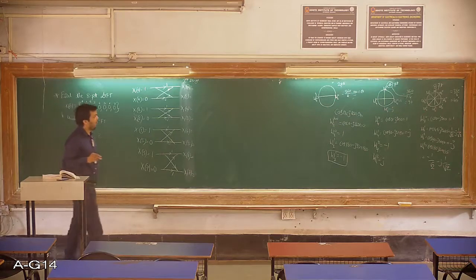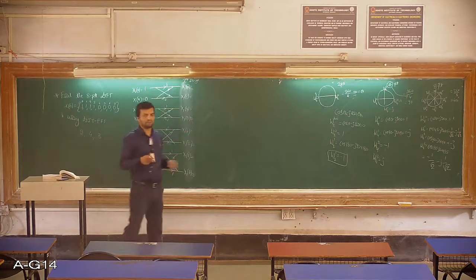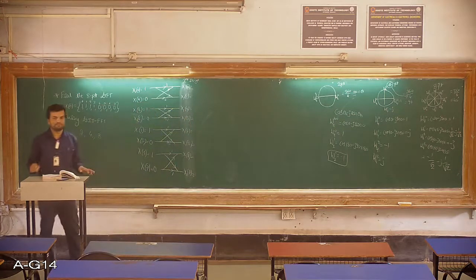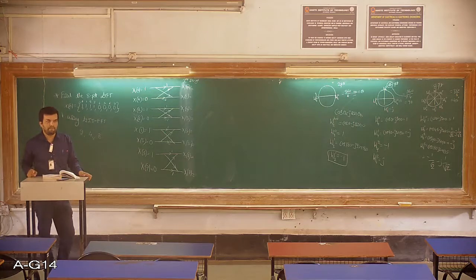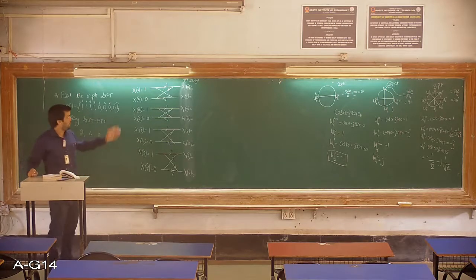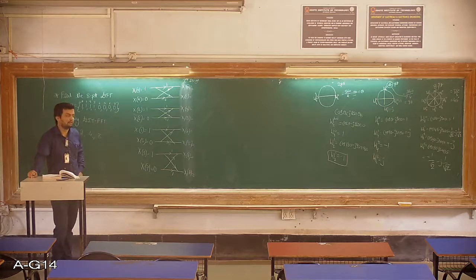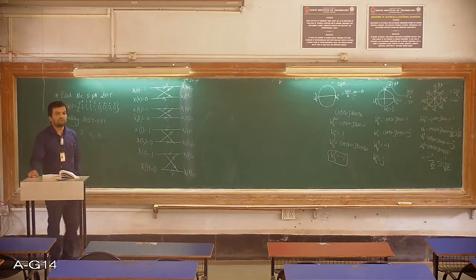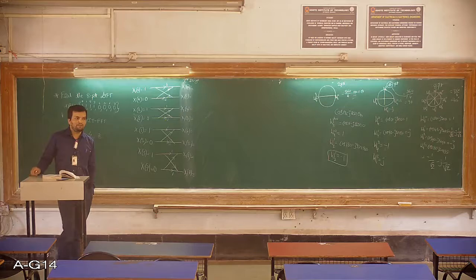Now, these twiddle factors we also have to use for the calculation of the DFT using DIT-FFT. In the 2 point butterfly diagram, we will use only one twiddle factor.